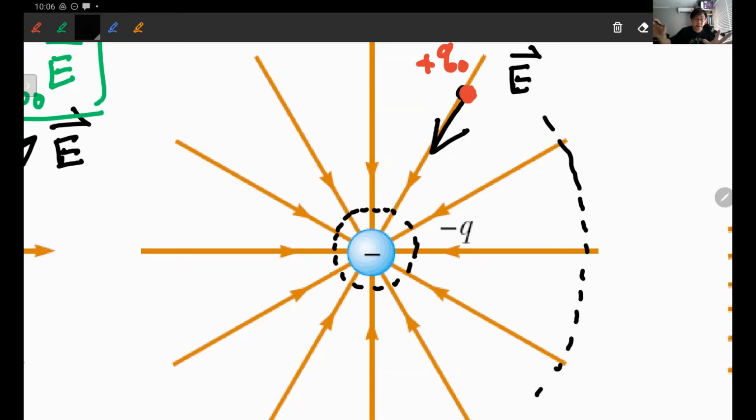So that's a good visualization: every time you have very dense electric field lines, that is a region of high or strong electric field. And when you have electric field lines that are further apart, sparse, everything is further away, and the electric field strength is going to be low.